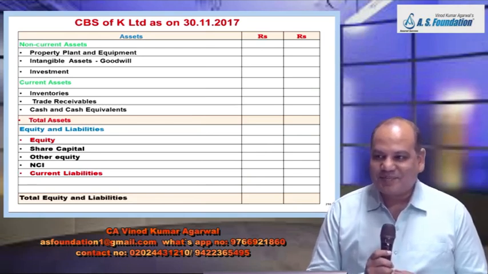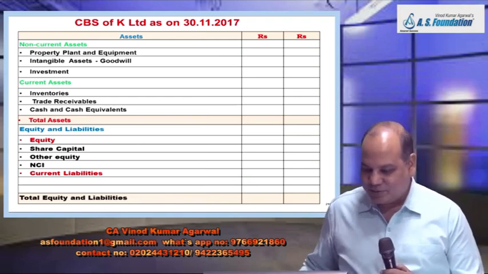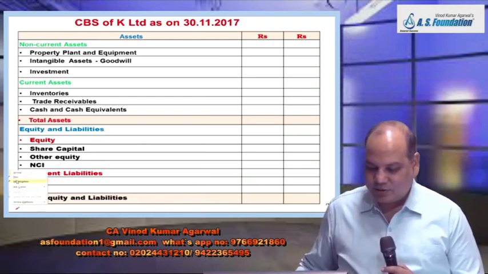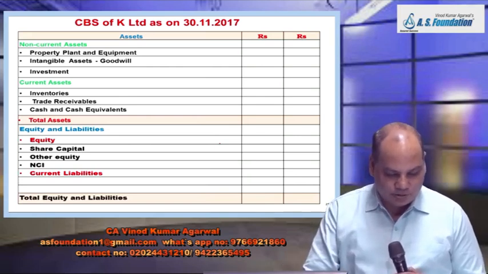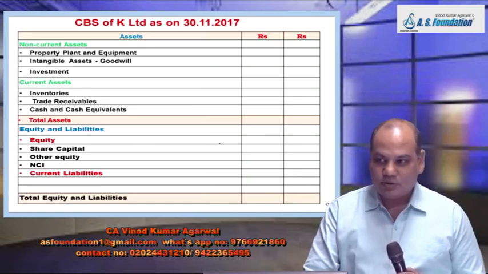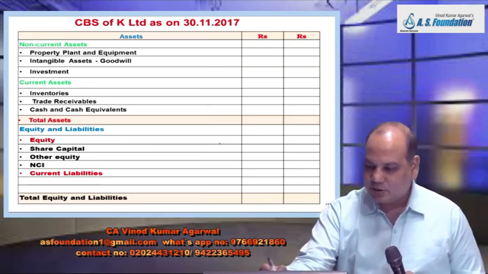Property, plant and equipment. First write parent company. How much is that? You want to write rupees in 1,000 or you want to write all digits? Full. That is better. Sometimes it creates confusion.